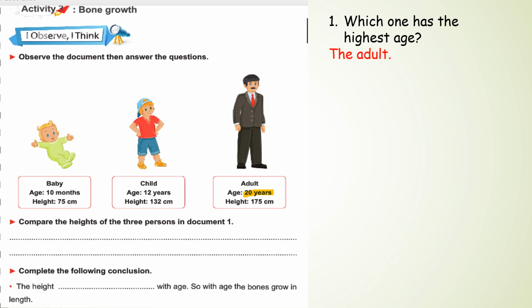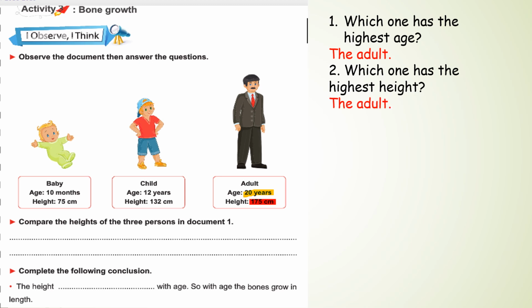So the answer is the adult. Number 2 says, which one has the highest height from the boxes? Sure, it's also the adult, since he has a height of 175 centimeters, which is greater than 132 and greater than 75 centimeters. So the answer is the adult.